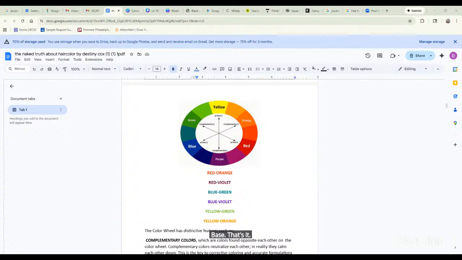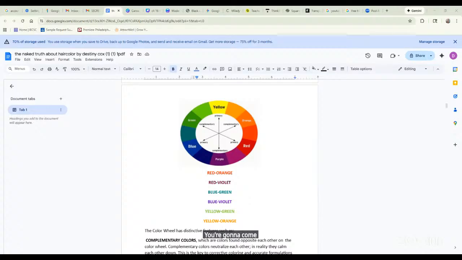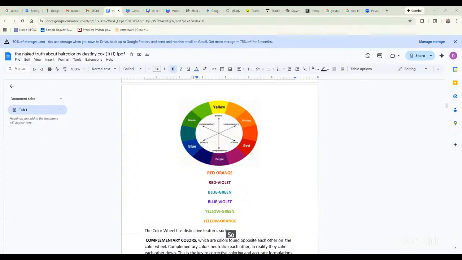The formula said you need to use the HLB plus 30 volume H2O2 to get the client over to the blonde. You're going to come into a problem because there's a lot of orange in that travel. So you need to go back to the color wheel and always formulate for the problem. I'm going to run into a lot of orange, so I need to make sure what's opposite orange on the color wheel? Blue.